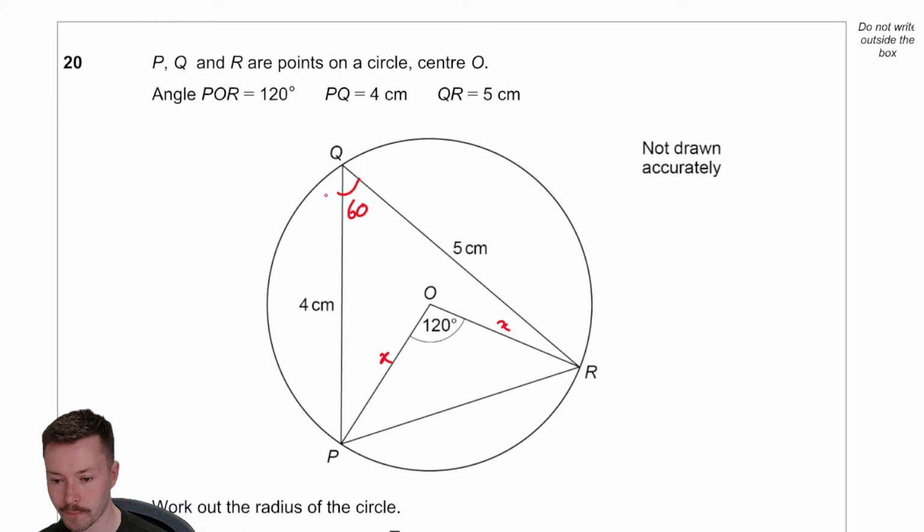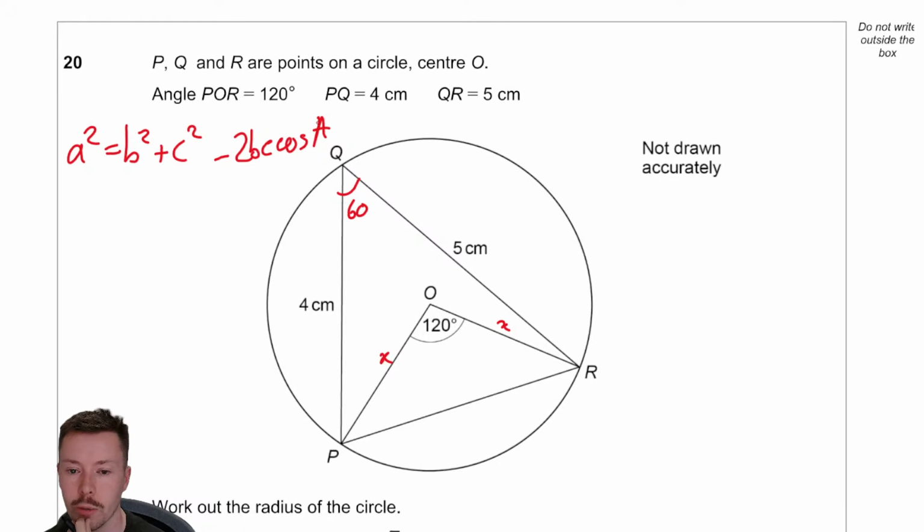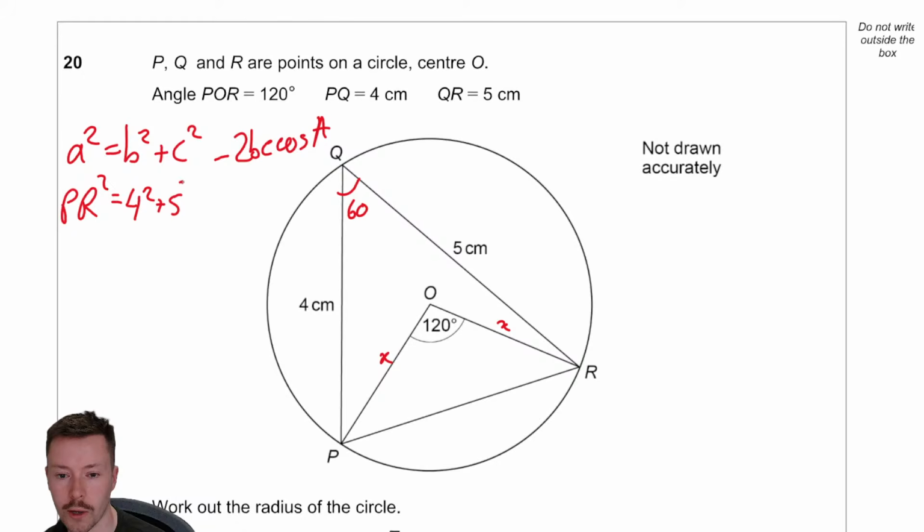So cosine rule here, or you could use sine rule. Yeah, we could use sine rule with the x and the 120 and PR. Yeah, let's use cosine rule first of all. So you need to know this, because there's no formula sheet. Okay, so a squared equals b squared plus c squared minus 2bc cos A. So PR squared equals 4 squared plus 5 squared minus 2 times 4 times 5 times cos 60.